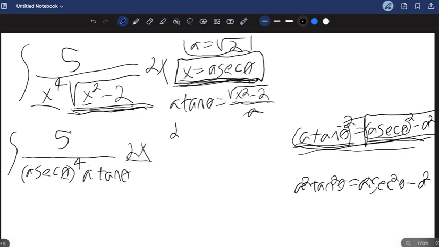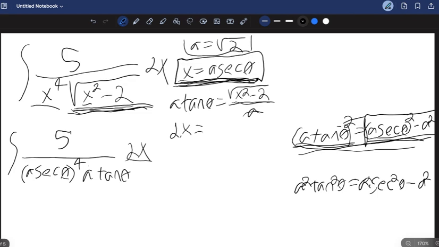What would I have? A secant theta tan theta. And so what would be on this side? dx equals a secant theta tan theta.